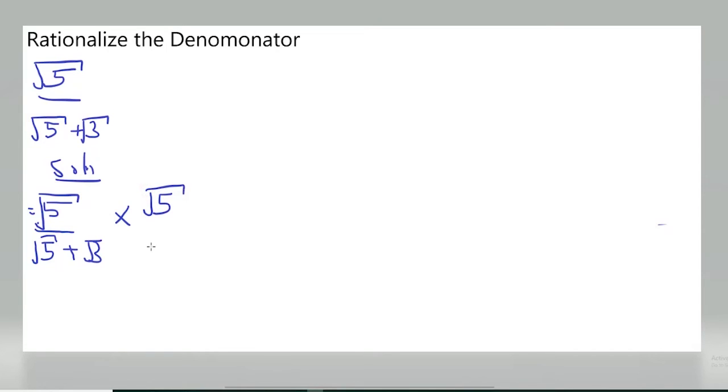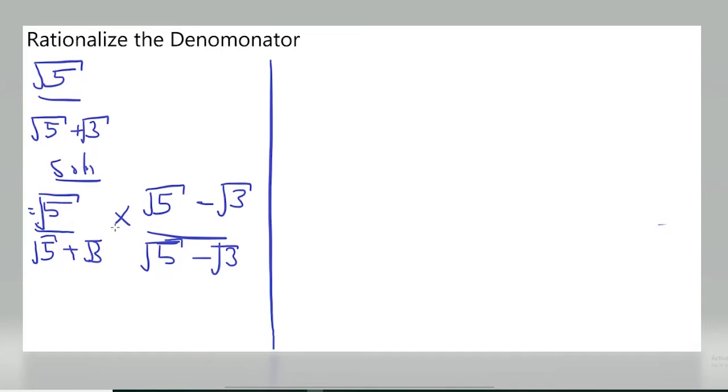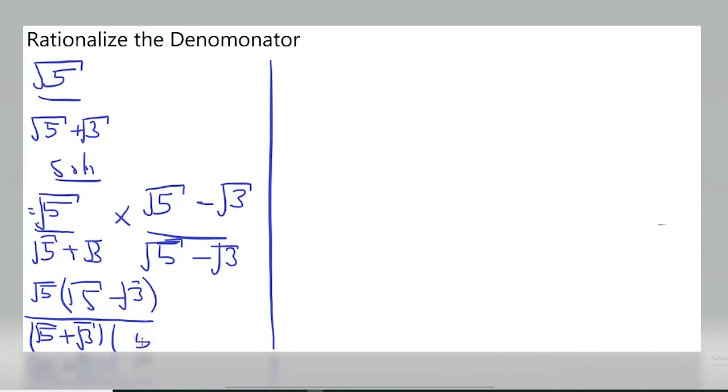Now exchange the operation: since here it is plus, you then use minus. Then root 3 over, copy the same thing on the denominator side, root 5 minus root 3. Then we have root 5 times the bracket root 5 minus root 3, over root 5 plus root 3, times root 5 minus root 3.